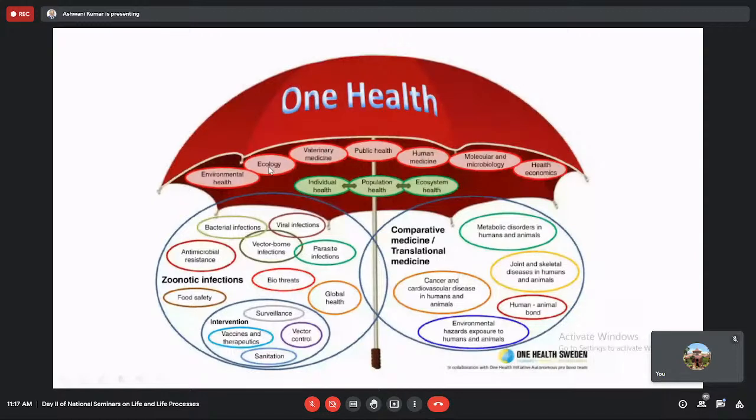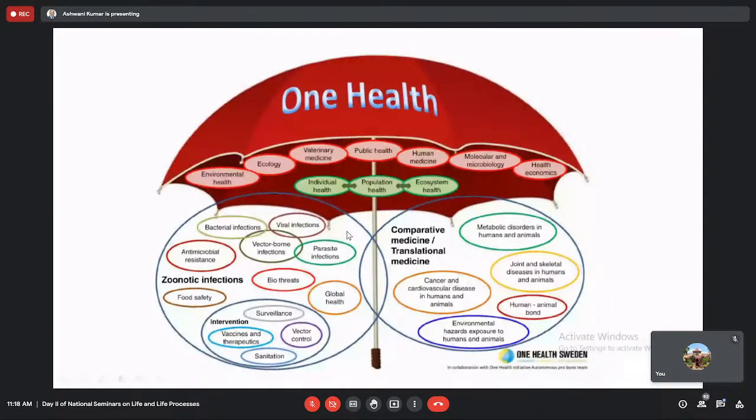All these are under one umbrella: human medicine, molecular biology and microbiology, health economics, all are interlinked. And if this ecosystem is disrupted, it leads to various undesired outcomes as far as diseases are concerned, both the NCDs as well as the zoonotic infections.